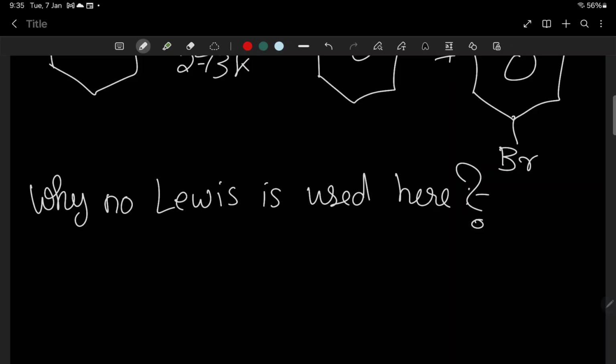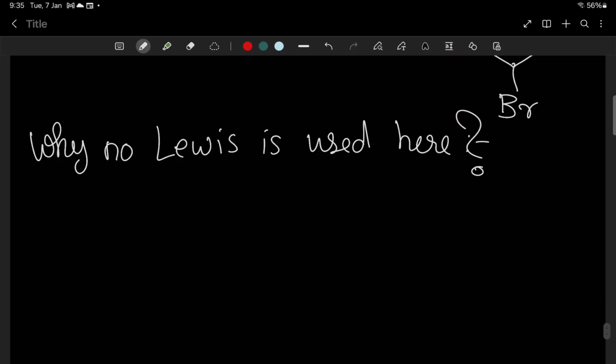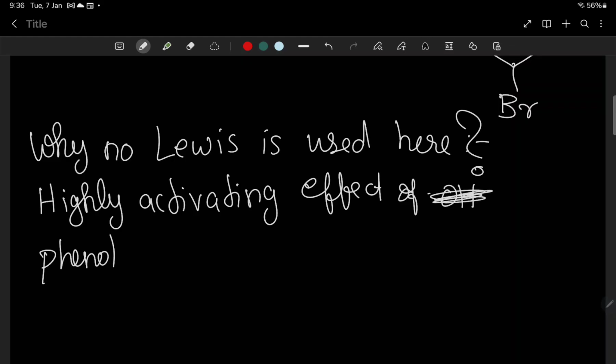But here we don't use it because of the highly activating power or effect of the phenol group.